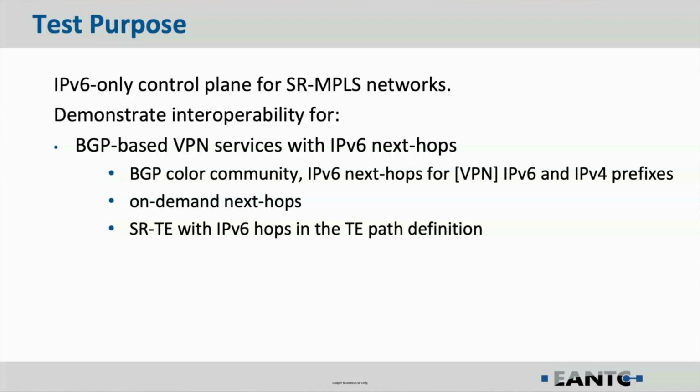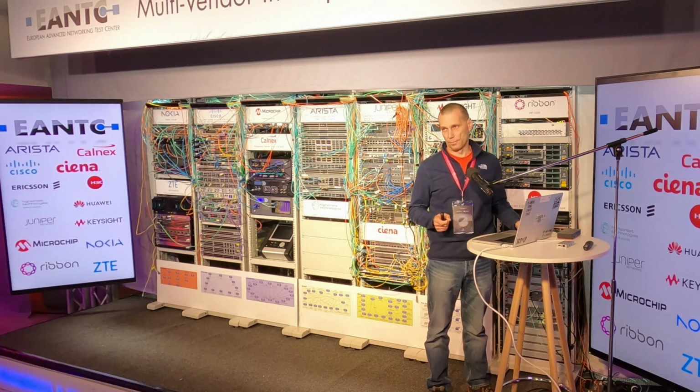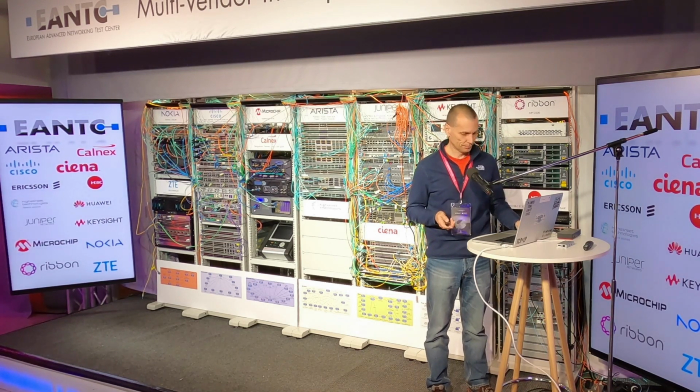Basically, it works in the same way as for IPv4. So if you get a new prefix with an IPv6 next hop, but there is still no tunnel available, this tunnel will be created on demand automatically. And after that, the prefix will be put in the FIB.